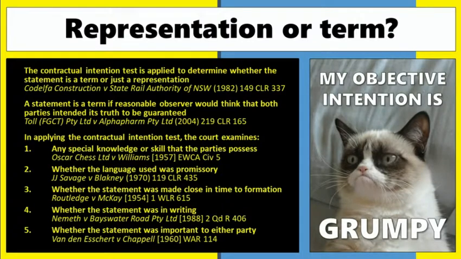The next area the courts can look at is whether the particular statement that's been issued was in writing. Now, there is a rule, and we'll discuss it later in this recording, that excludes everything that isn't included inside a written document if the parties intended for that to be the case. But it's not unheard of, and certainly possible in contract law, for a contract to be a mix or a blend of the two.